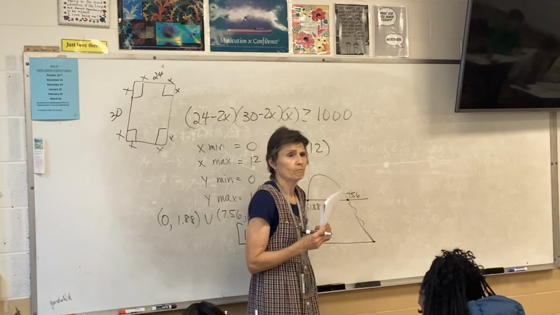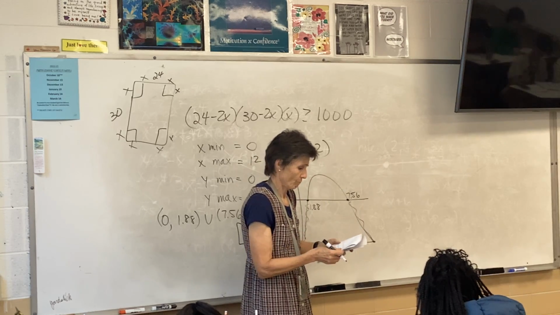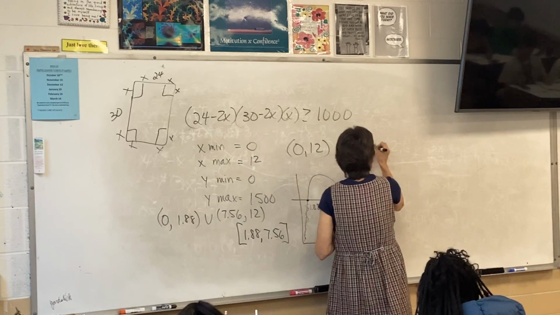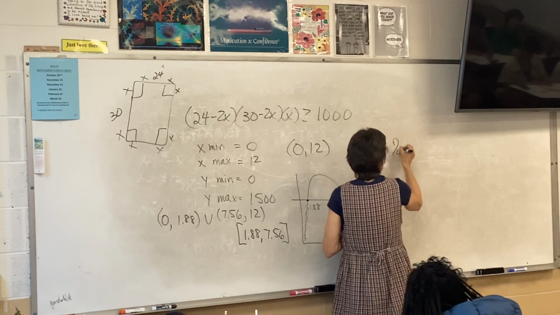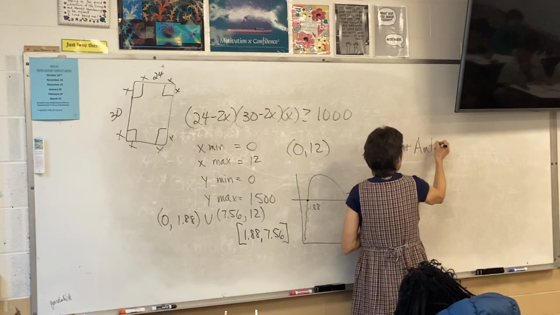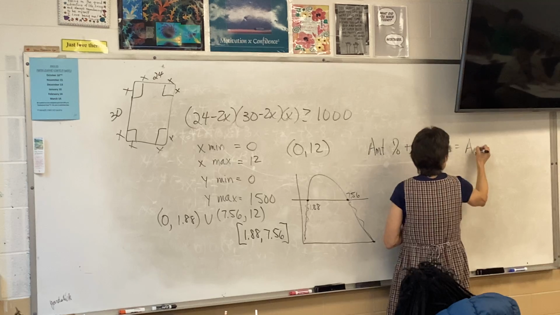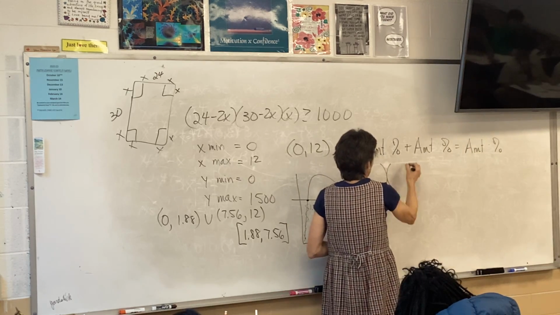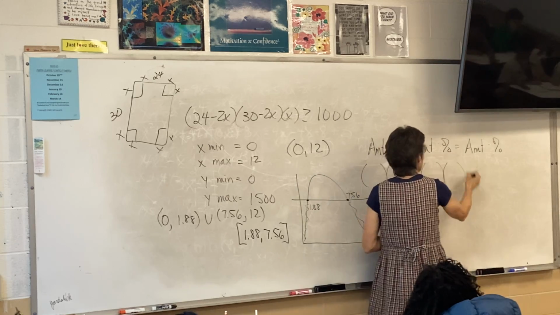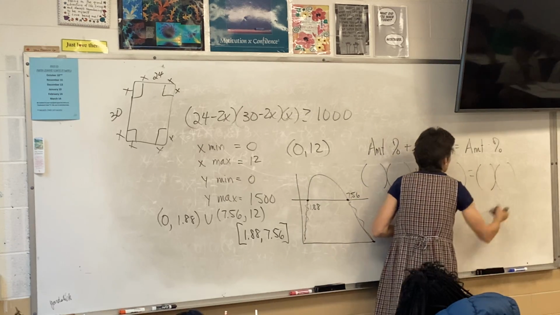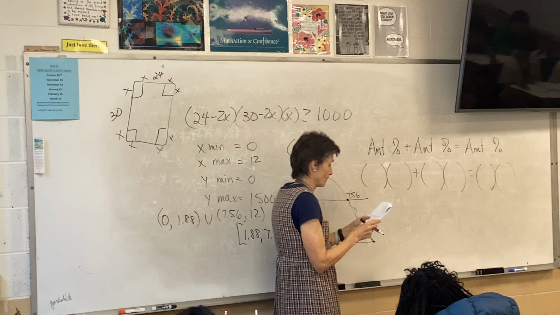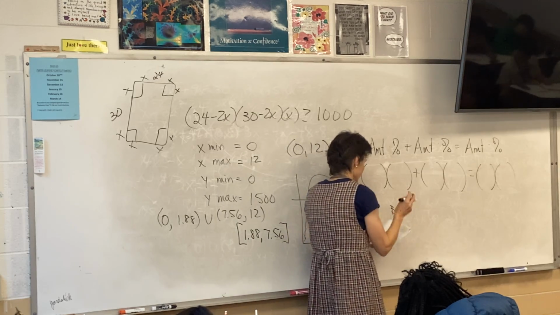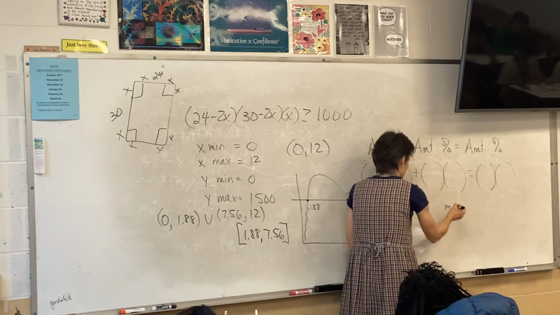What's our general format? Amount times percent plus amount times percent equals amount times percent. So let's fill in everything that we know. So here's Bob, and here's Max.